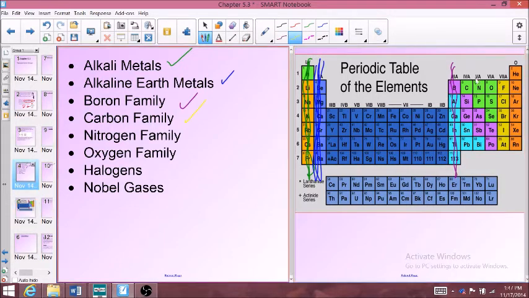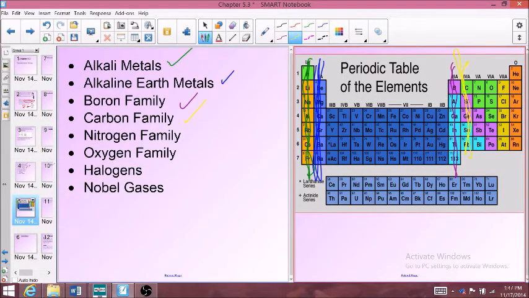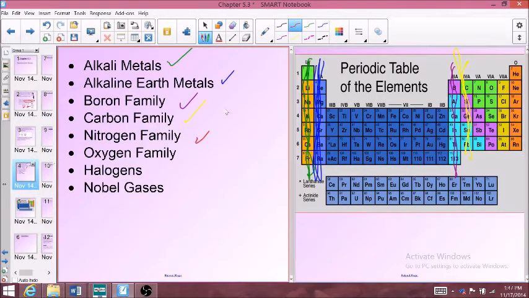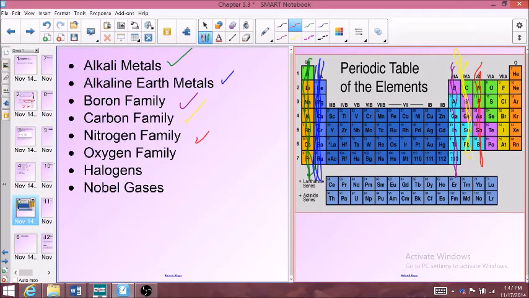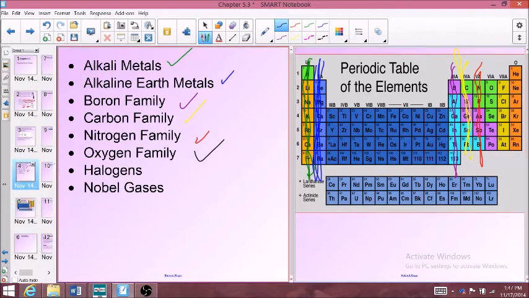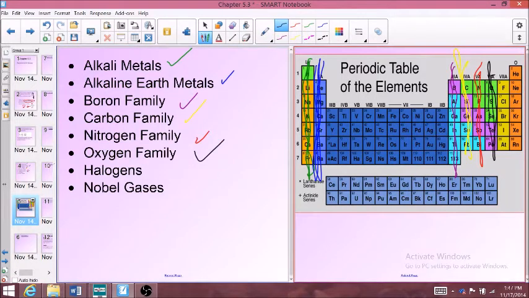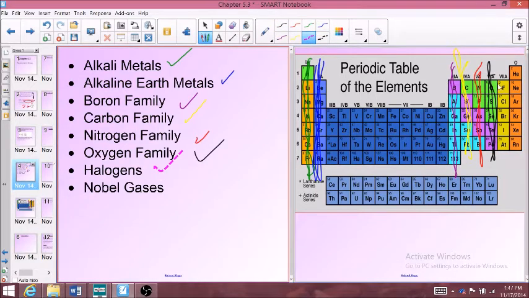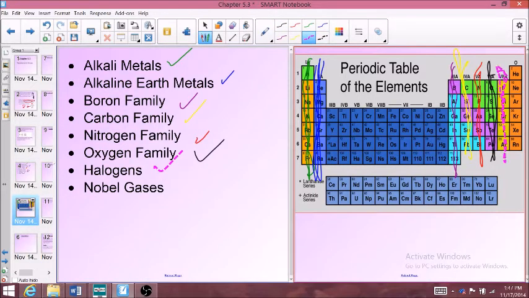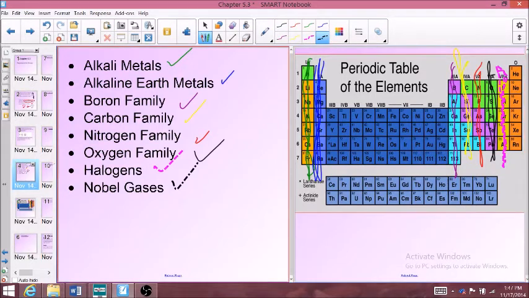The carbon family is the next one over, where carbon exists. The nitrogen family is right here. The oxygen family is the column that begins with oxygen. The halogens are the second to last group, group 17, and the noble gases are the very last group, way over here.